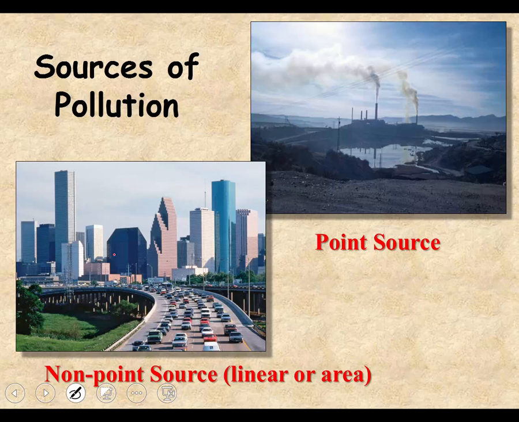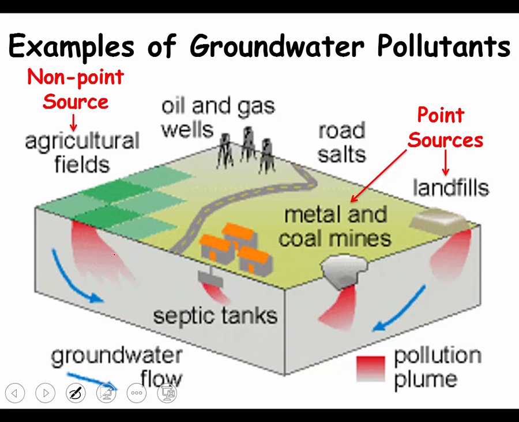Okay, so we have to look at where the pollutant, whatever it is, and how it's getting into the groundwater in our specific case. Well, let's see. Here's some point sources. Maybe a landfill, coal mine. Non-points, maybe a septic tank, although those are so small and so many of them that sometimes we treat them as a non-point source.